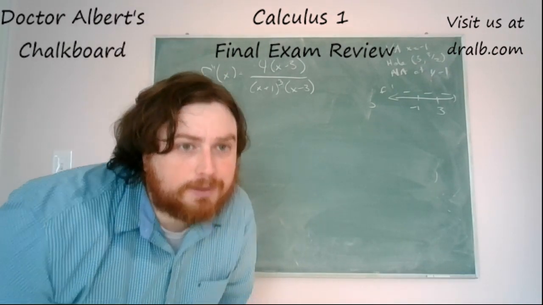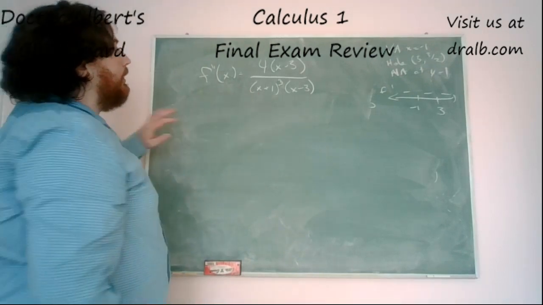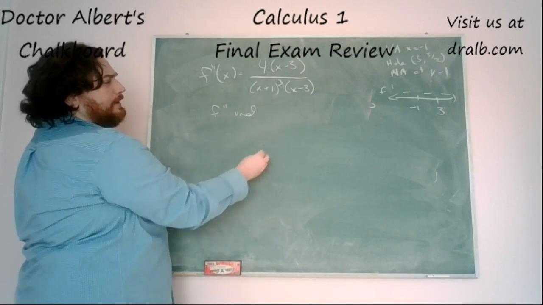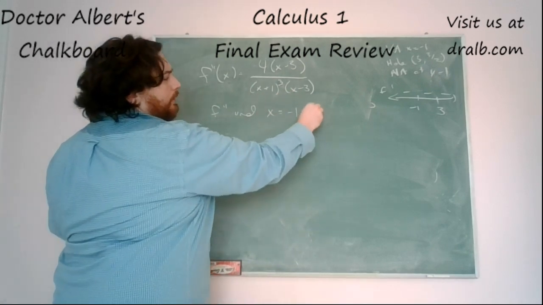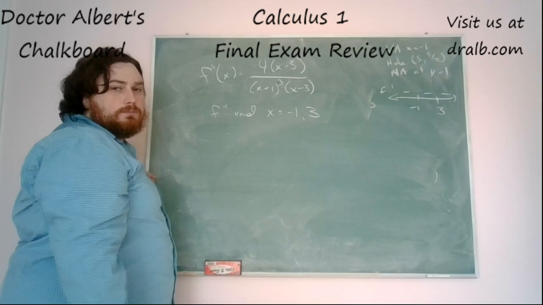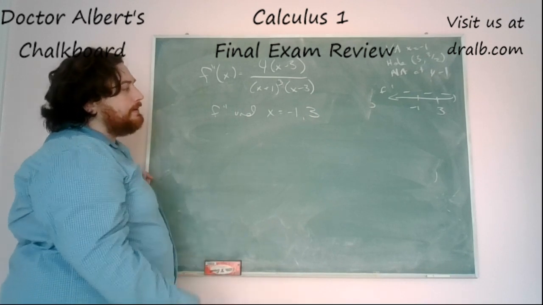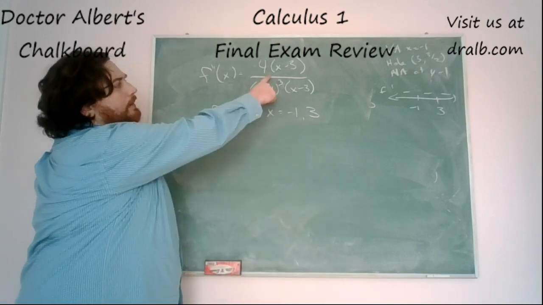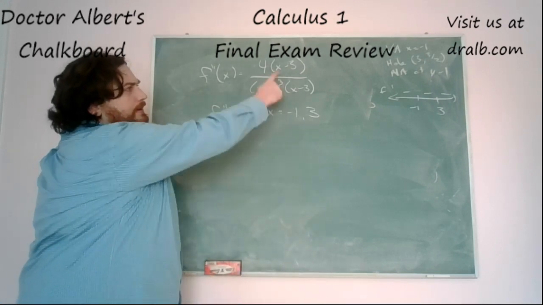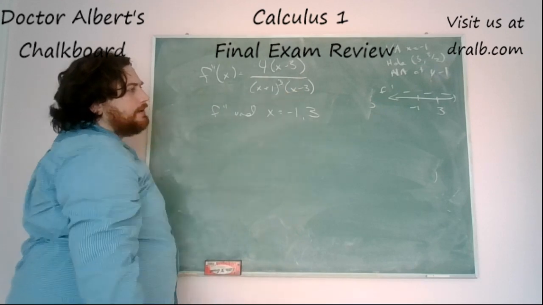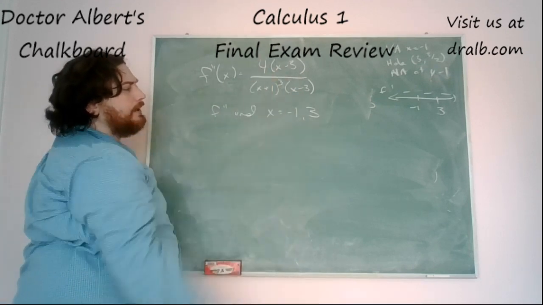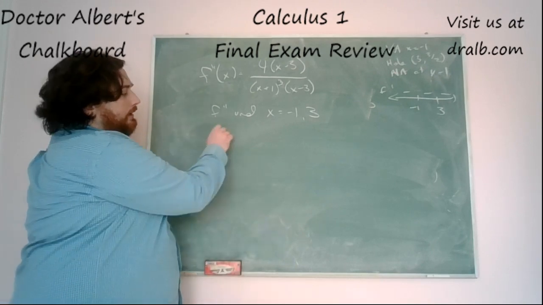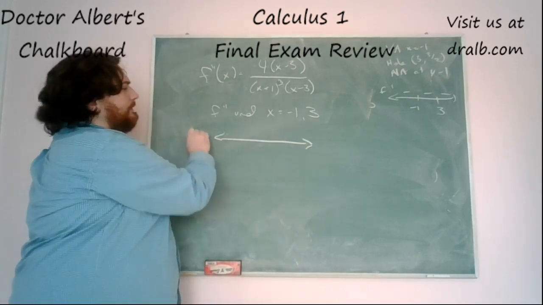Using that, I want to determine where this is 0 or undefined. It's undefined if the bottom's 0. So again, that's going to be at negative 1 and 3, which makes sense because the function is not defined, so the second derivative can't be defined. And the top is only 0 at 3, but at 3 I have 0 over 0. So therefore my second derivative is undefined at negative 1 and 3, and those are the points I need for my second derivative number line.